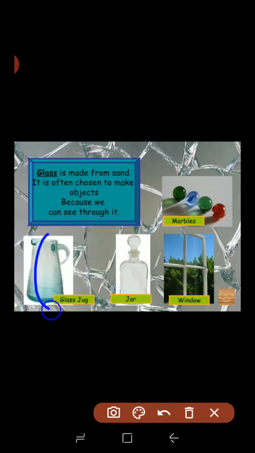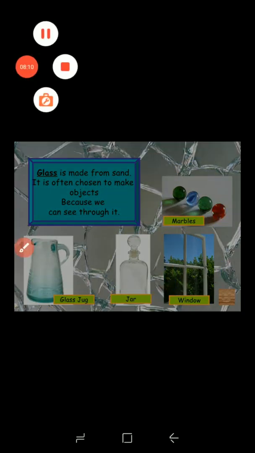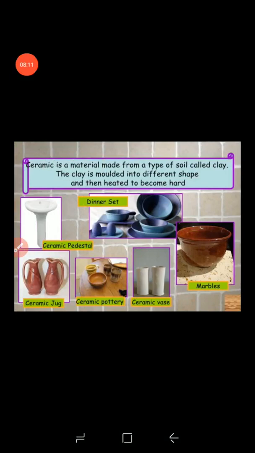Here we have a glass jug, jar, a window of glass, and marbles made from glass. Glass is made from sand. It is often chosen to make objects because we can see through it. It is transparent. So we mostly use glass windows so that we can easily see through them. So this is the glass.